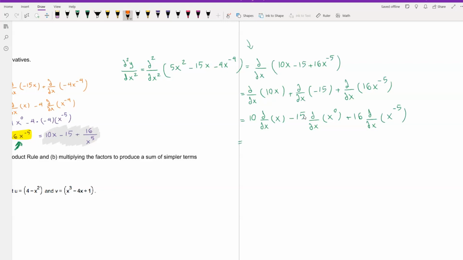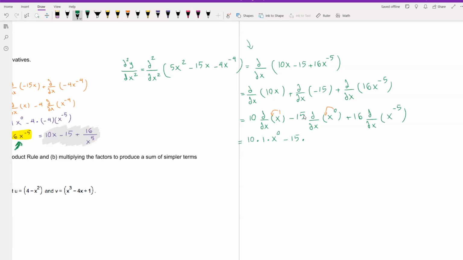So now what we have here, on this part, power is 1. So move that to left side. Now we have 10 times 1 times x power is 1 minus 1 is 0. Now here negative 15. Now here we have 0, so it's 0 times.